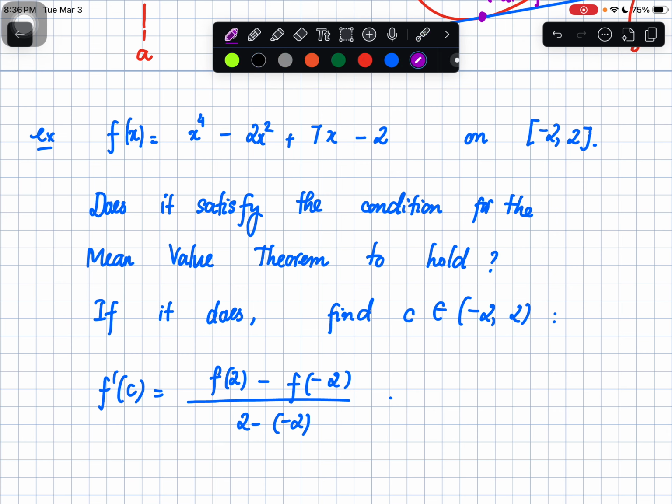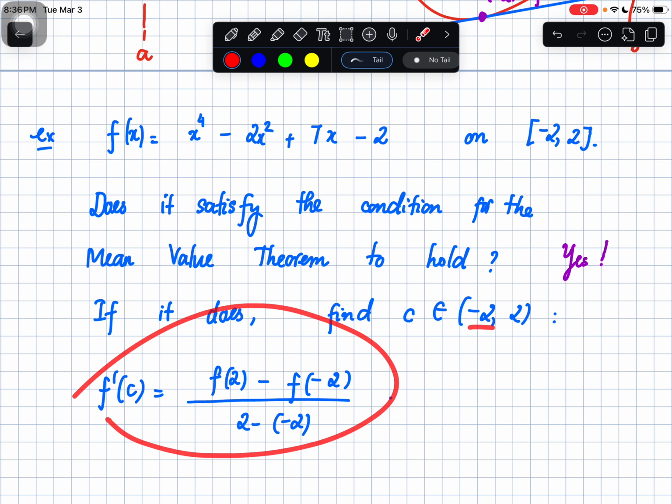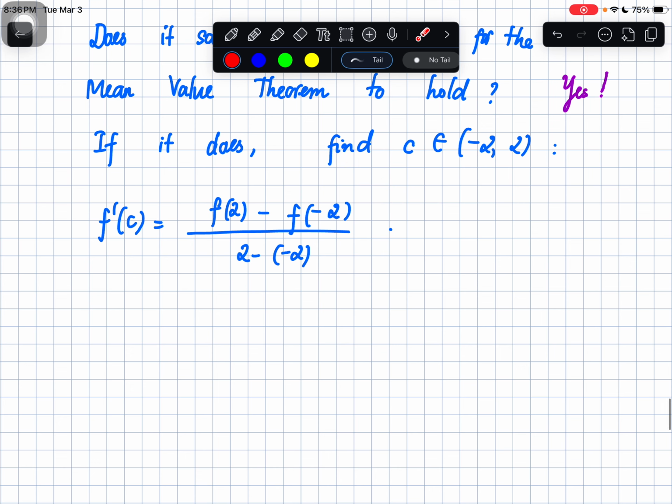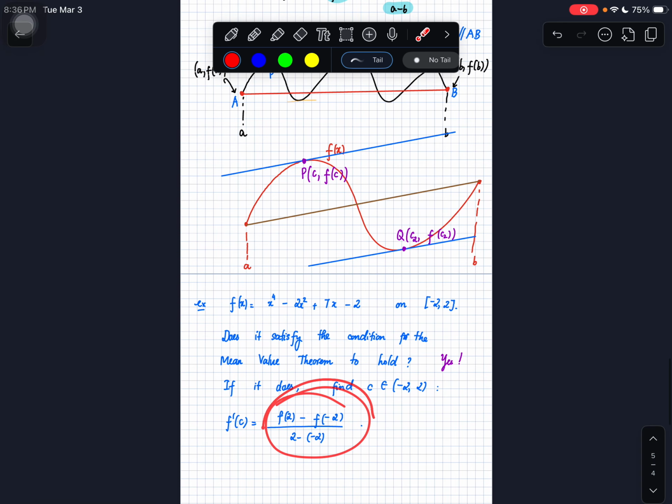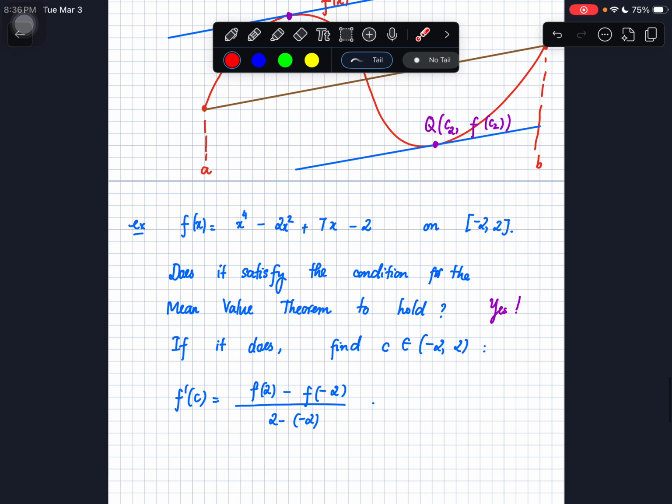So the first question is yes. If it does, find the point c between minus 2 and 2 such that we have this. So this is the slope of the secant line, the line joining the two endpoints of the graph. One corresponds to (minus 2, f of minus 2), and the other one (2, f of 2).